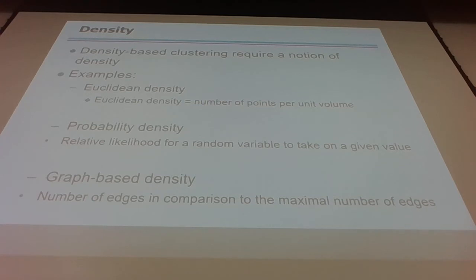Euclidean density means the number of points per unit volume, and this volume is a square. Probability density means the relative likelihood for a random variable to take a given value. Graph-based density is the number of edges coming out of a node.